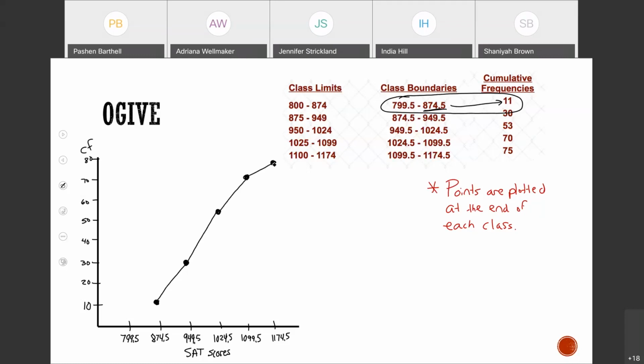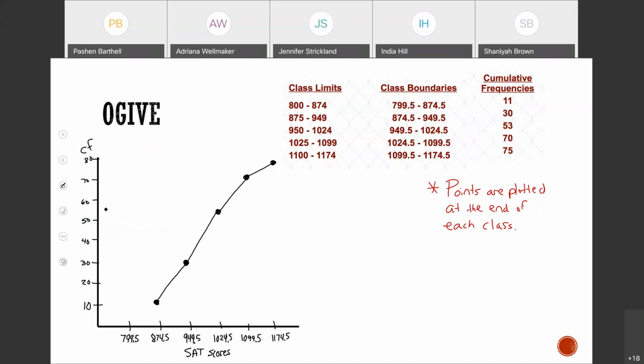Okay, and so it looks good, except for there's nothing at the 799.5. So as far as the running total goes, in the very beginning, before you even started the first class at 800, you would probably assume that that running total was set at 0. And then you started picking up those numbers.